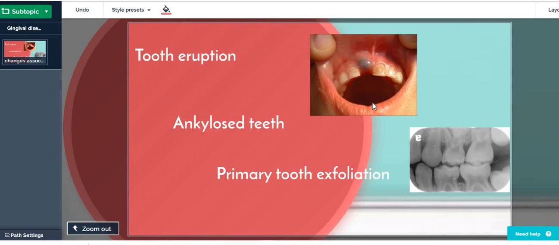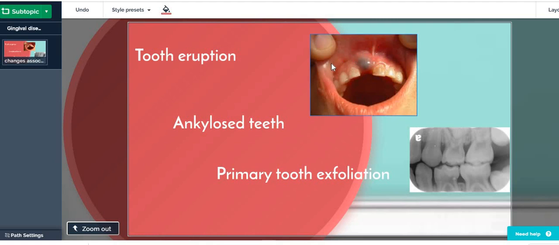One of them is tooth eruption. We know that before eruption of a primary or permanent tooth, the gingiva reveals a bulge that's firm and pink or blanched because of the underlying tooth crown. Occasionally an eruption cyst, which may be filled with blood and generally presents as a bluish or deep red enlargement of gingiva overlying the tooth, may be evident, like that you see here, for example.